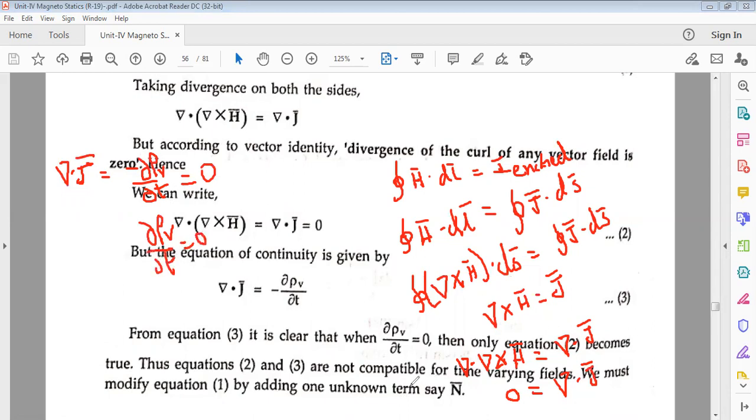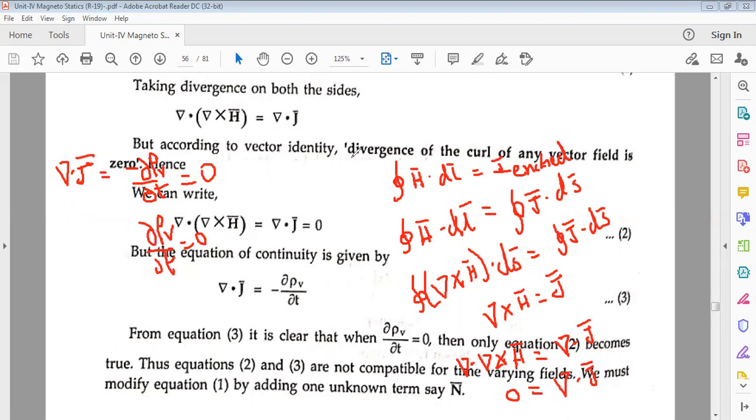And this equation is not compatible. Equation 2 and equation 3 are not compatible for the time varying fields. Means with respect to time, dou rho v by dou t is not compatible.